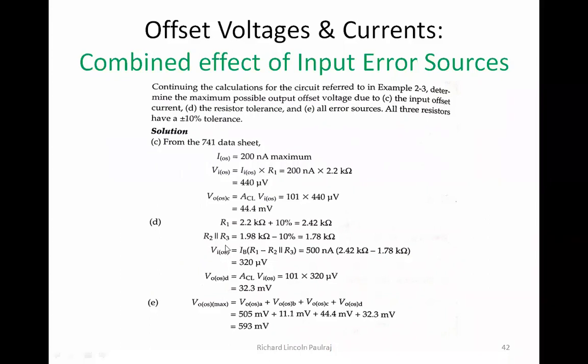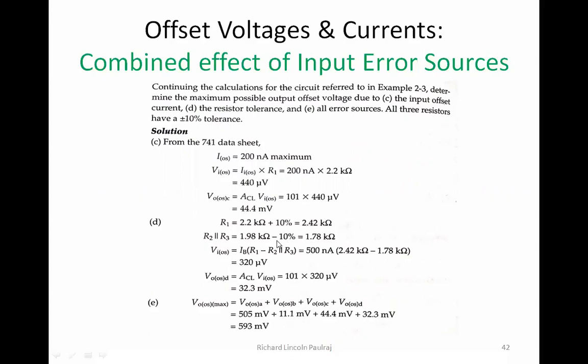Now let us assume that your R1 has a tolerance of plus or minus 10%. If I take 10% of this, I should be getting about 0.22. So I'm adding this to 2.2, and it should give me about 2.42 kilo ohms.